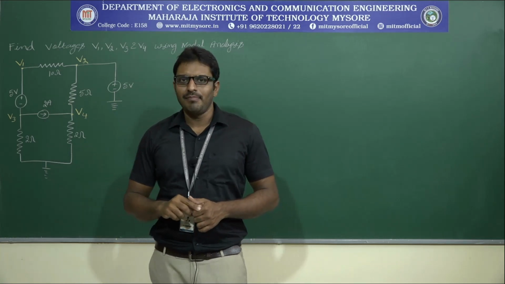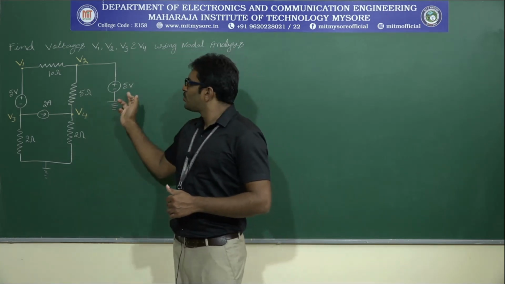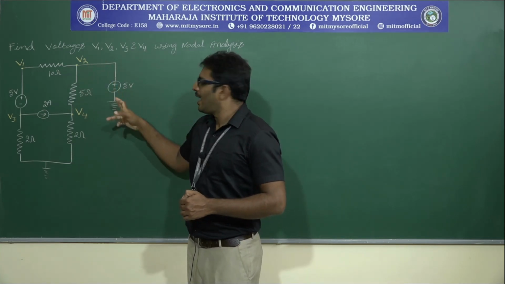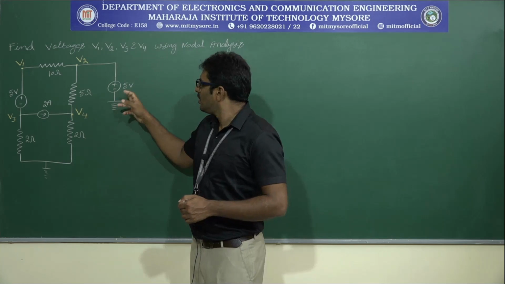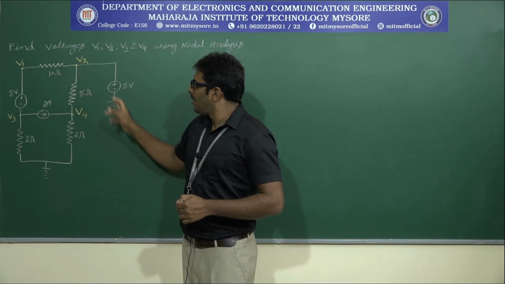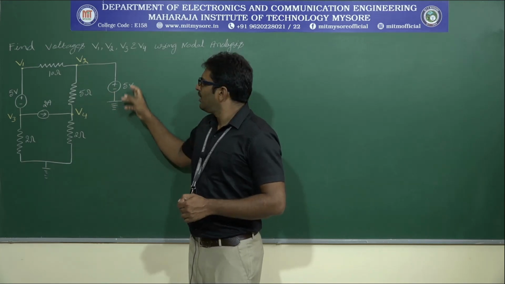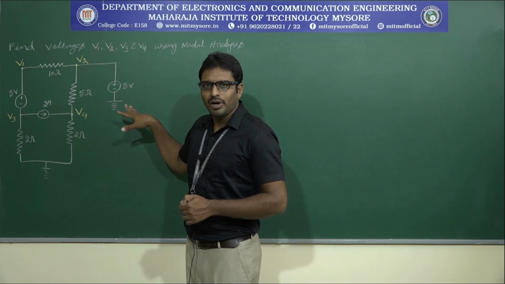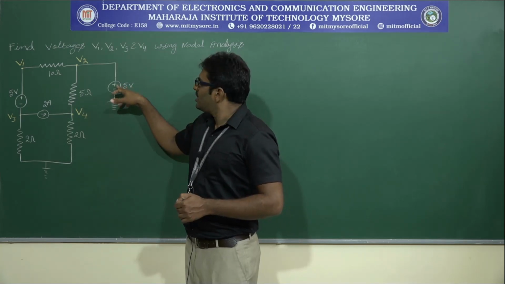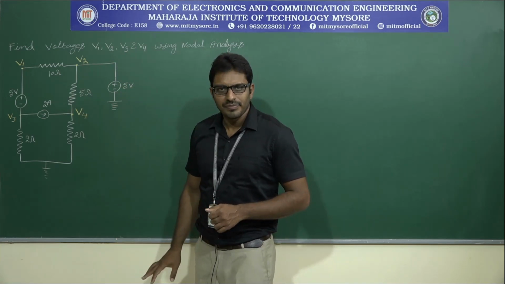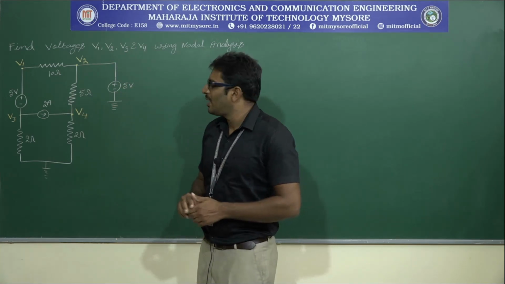And at the same time, one more voltage source is directly connected between V2 and ground. This voltage source is connected between node V2 and ground. We need not consider this a supernode, though the ground point is a node point. The higher potential is connected to V2 and lower potential is connected to 0. I mean directly we can analyze like this.